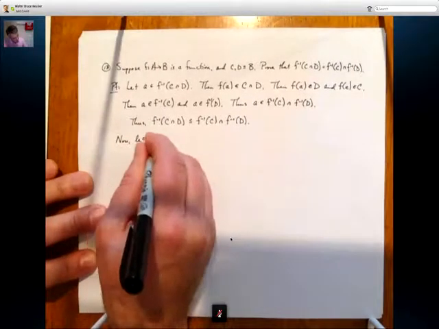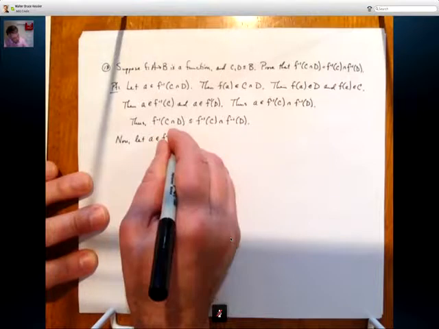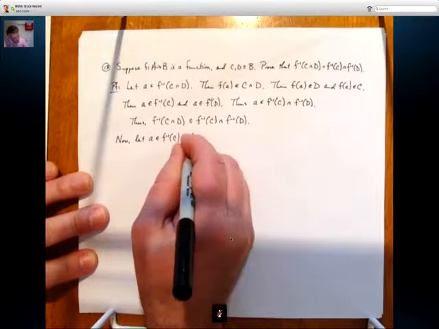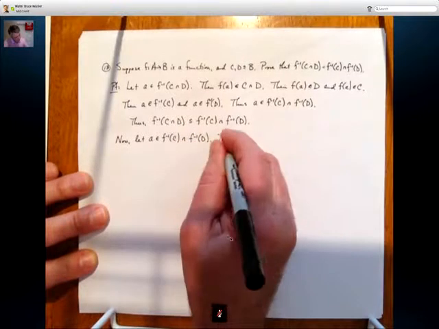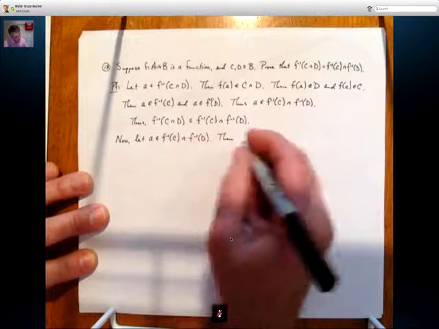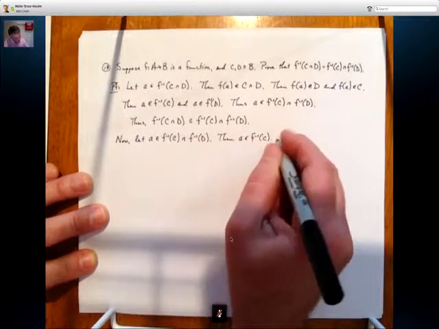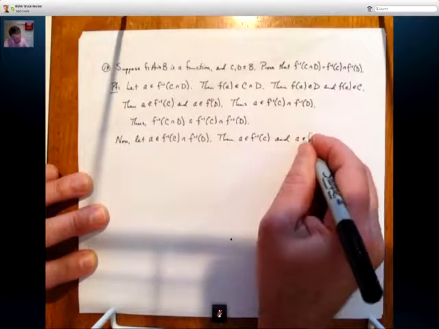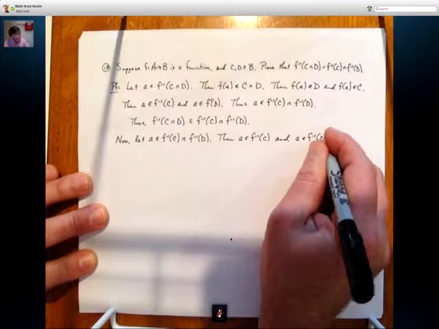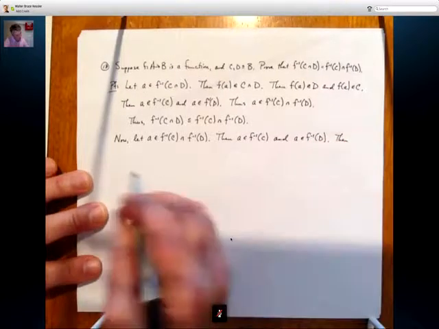Now let's go the other way. Now let A be an element of f inverse of C intersect f inverse of D. Then it's in both. Okay.